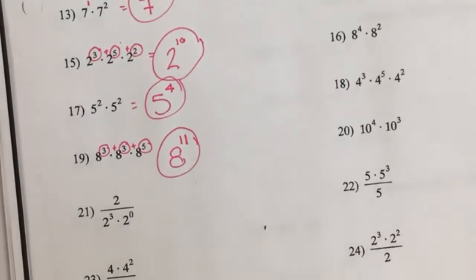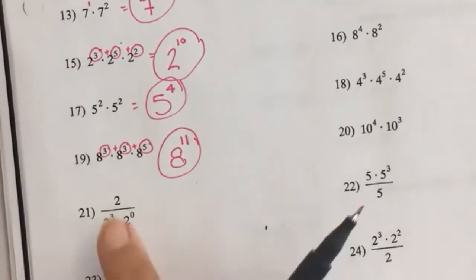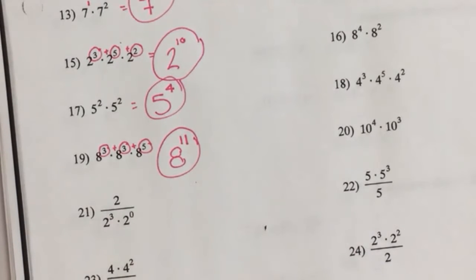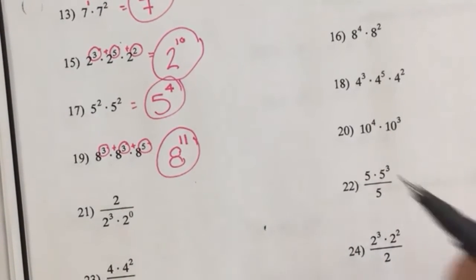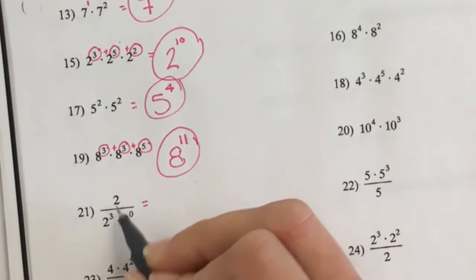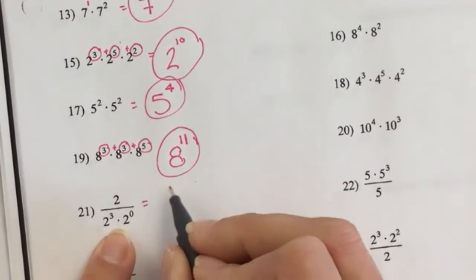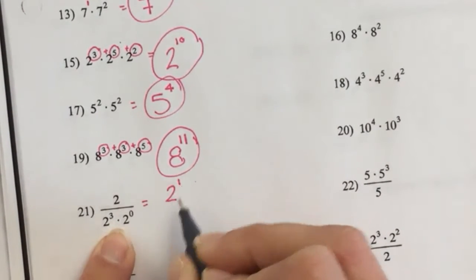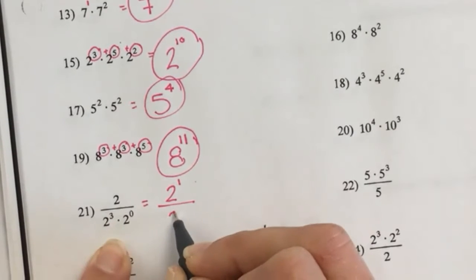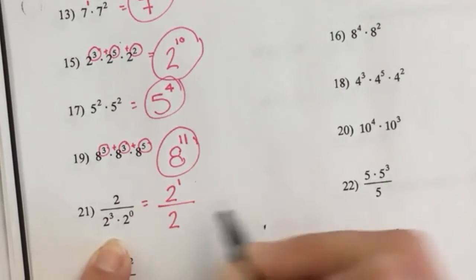Okay, so now we are going to review what happens when we divide. When we divide, we're actually subtracting exponents. So the first thing is if it's in 2 steps like this, let's simplify it. So first, this would be 2 to the 1 over 2, and then 3 plus 0 is just 3.